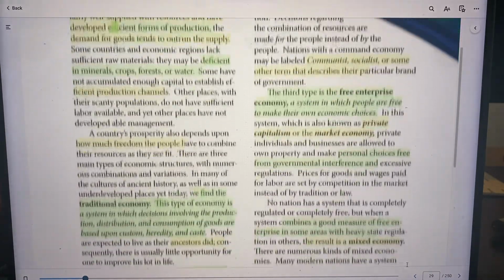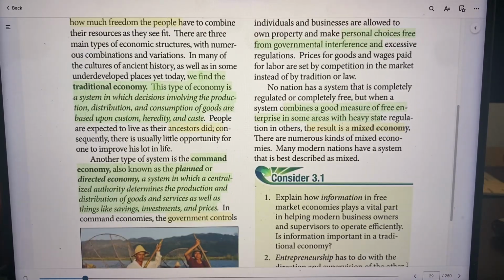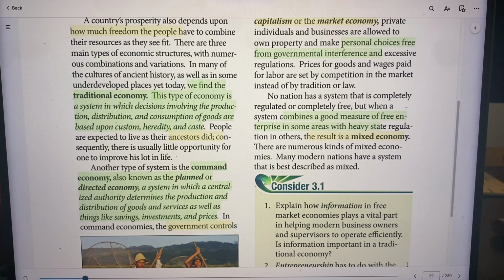So going down here, we're going to talk about these different economies. It says in many of the cultures of ancient history, as well as in some undeveloped places today, we find what's called a traditional economy. So what is a traditional economy? A traditional economy is a system in which decisions involving production, distribution, and consumption of goods are based upon custom, heredity, and caste.